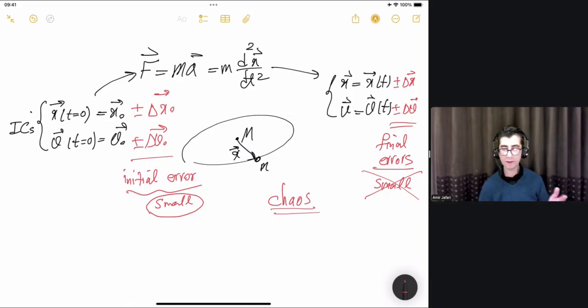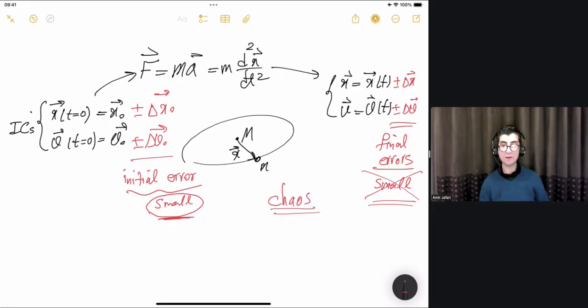And there are even more interesting and more complicated problems. In chaos, if mathematically you let the initial error go to 0 in the limit, the final error will go to 0 as well.